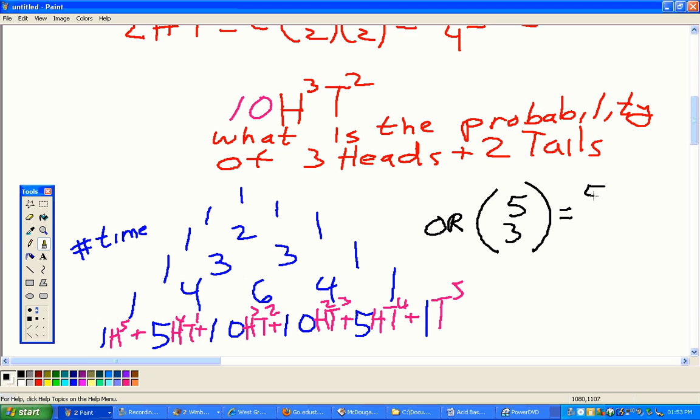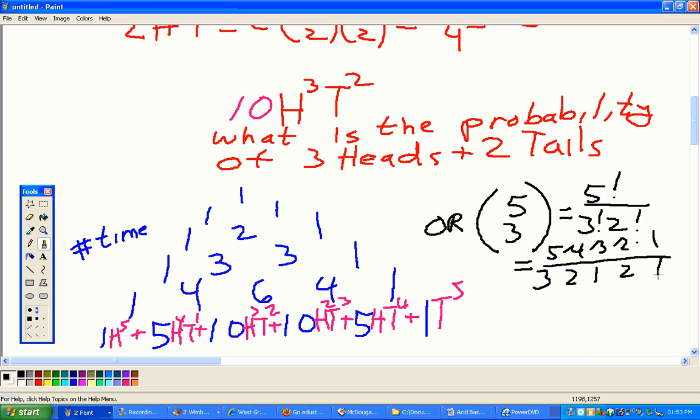The way we would work it out if we didn't have fancy calculators is we'd go 5 times 4 times 3 times 2 times 1 over 3 times 2 times 1 times 2 times 1. Those and those go away. Those and those go away. 2 times 5 is 10. So you can get to 10 that way.